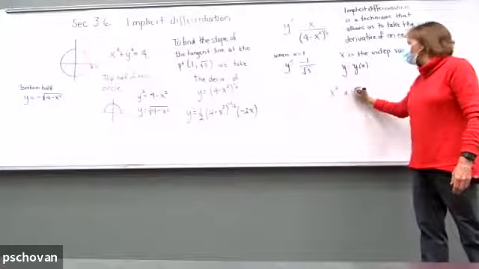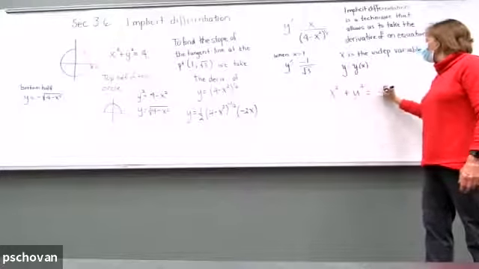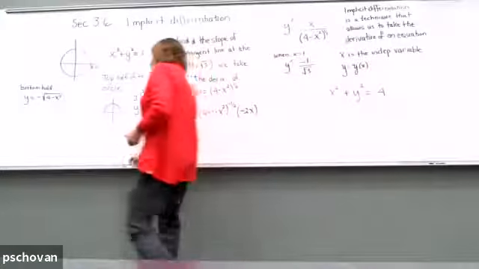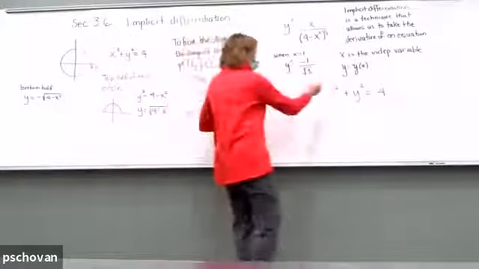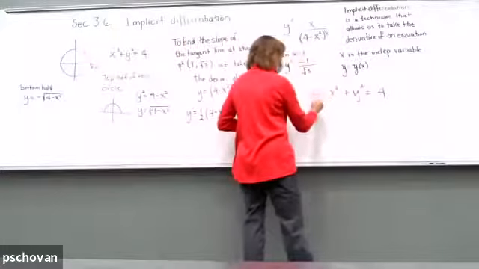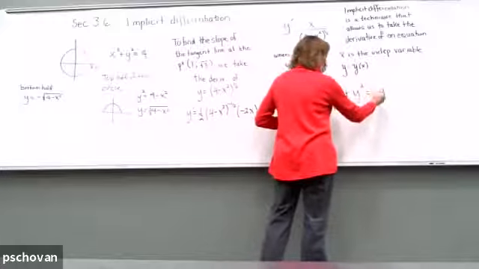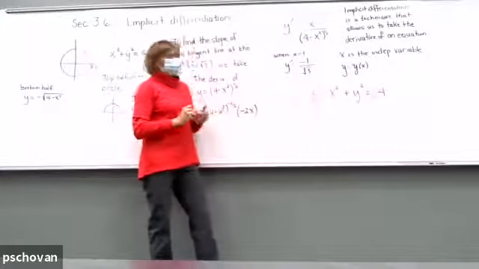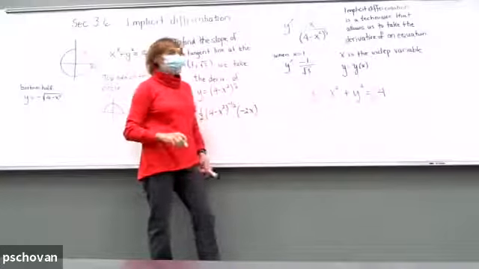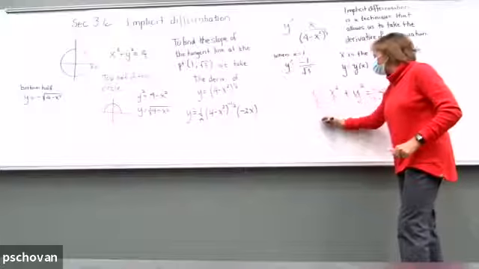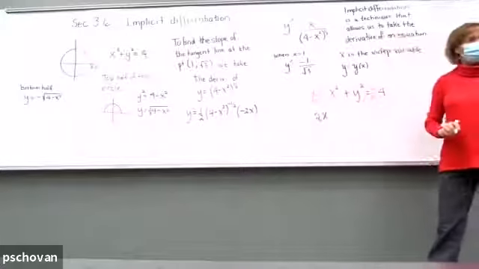Let's take our equation. And now we're going to take the derivative of both sides of the equation with respect to x. So I'm going to take the derivative here with respect to x. And then I'm going to take the derivative of the right-hand side with respect to x. So here we take the derivative of x squared, and all we get is what we think we would, 2x.